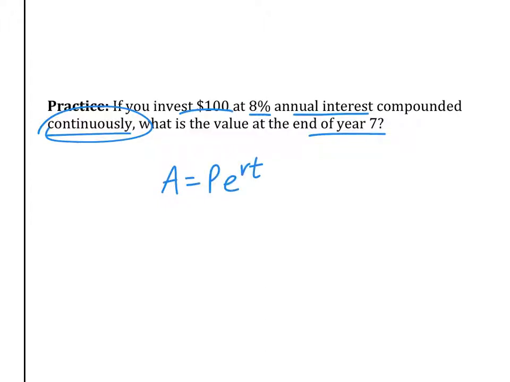E again is that number in the calculator, 2.718, I believe. So principal is 100. E is E. 8%. At the end of year 7, so 7. Okay, so make sure you can find that E button in your calculator. Yeah, 175.07.